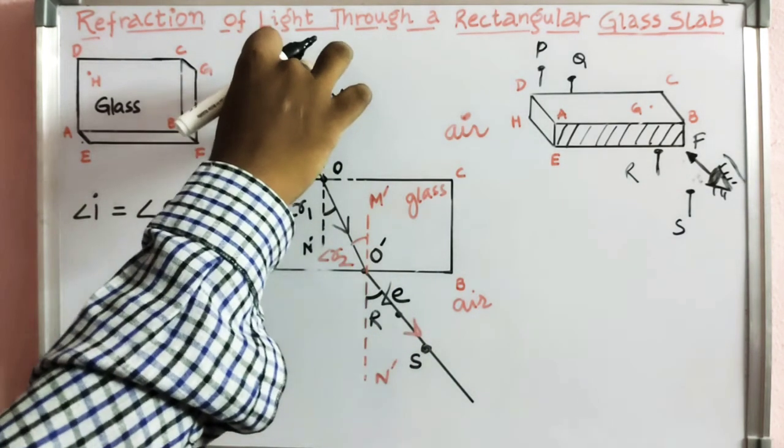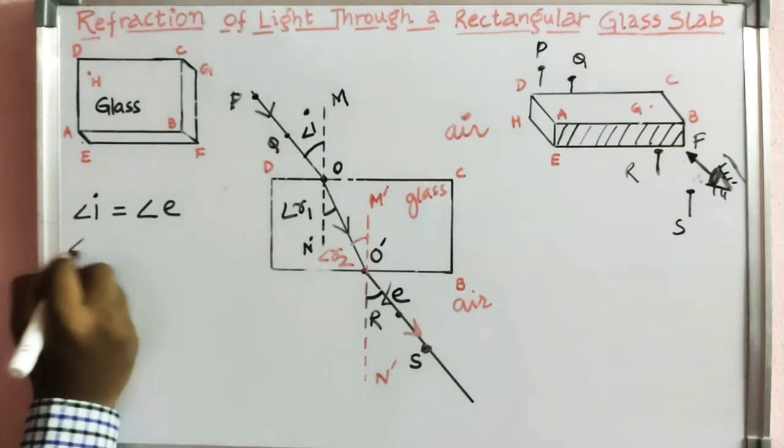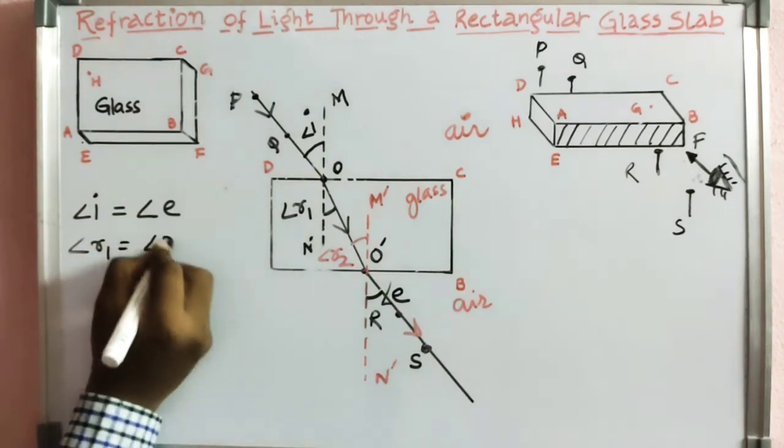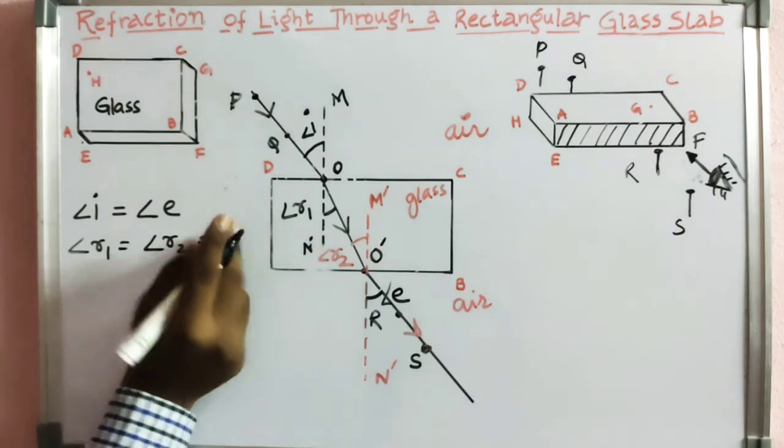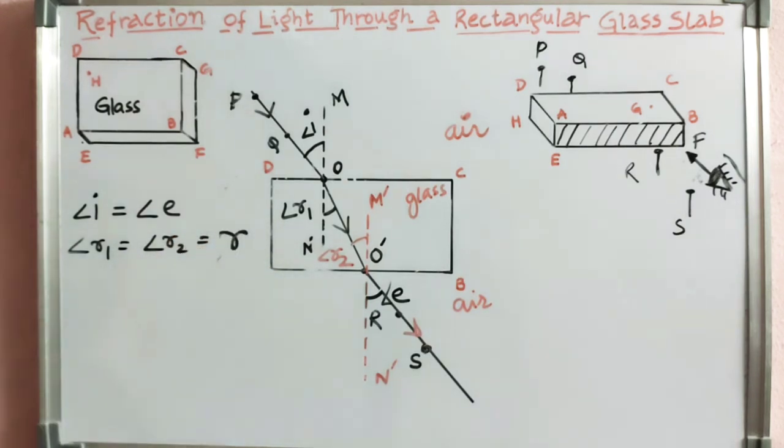If you take 60 degree, here 60 degree. Angle of emergence equal to angle of incidence. Second part, R1 equal to R2 you are going to get. We are calling that as angle of refraction R. So these are the observations you are going to find.